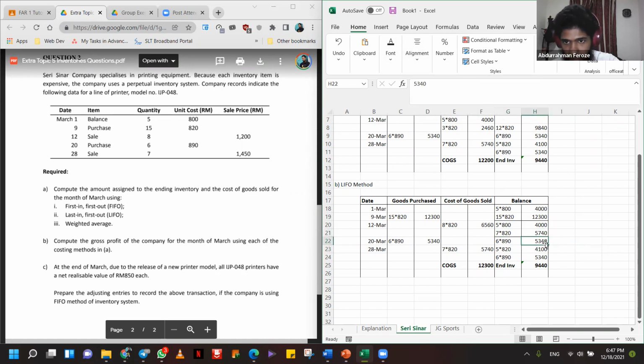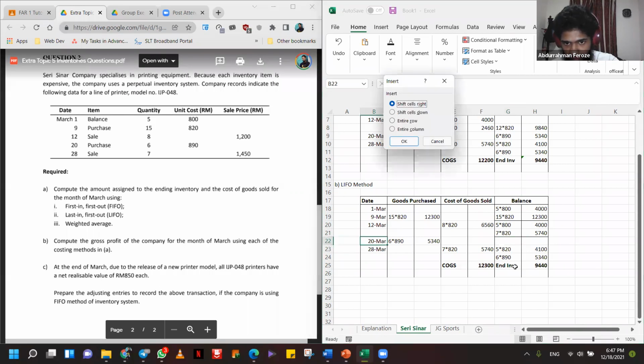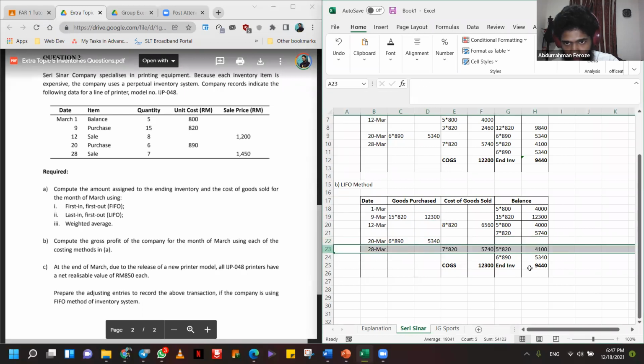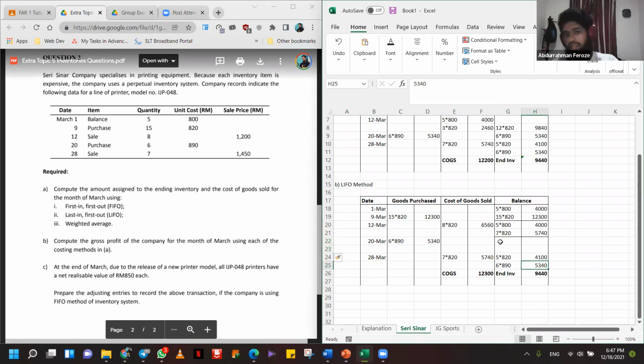All right. So on 20th March, we bought 6 additional printers at 890. So we simply have to add this here, right?